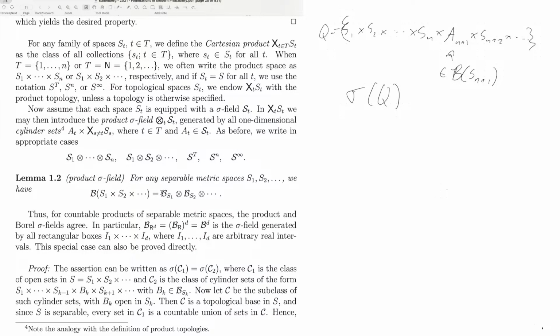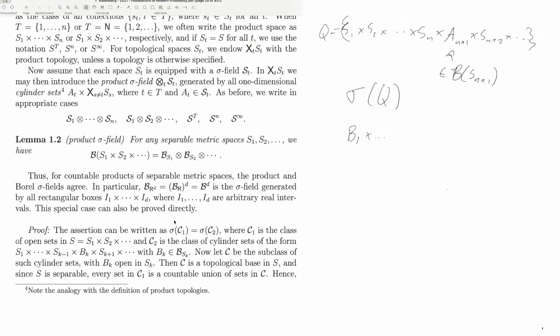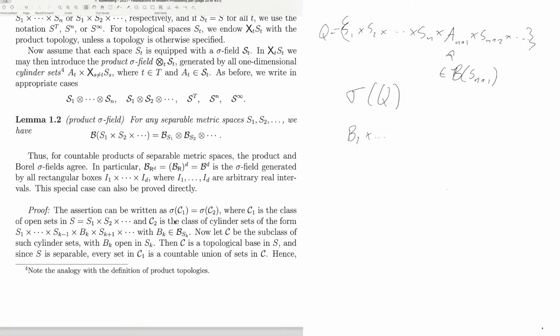the countable product of topological spaces. So if we have topological spaces, we'll call them B1 cross dot dot dot. Then an element of this looks like, I believe, any, so it is equivalent to pointwise convergence.